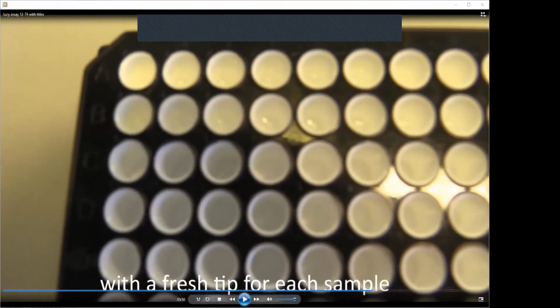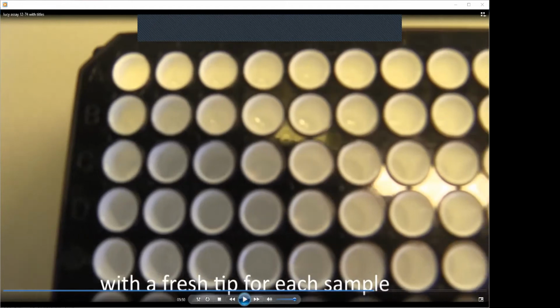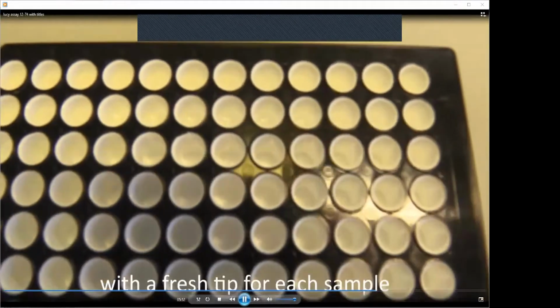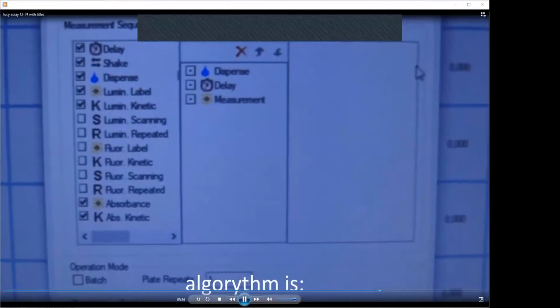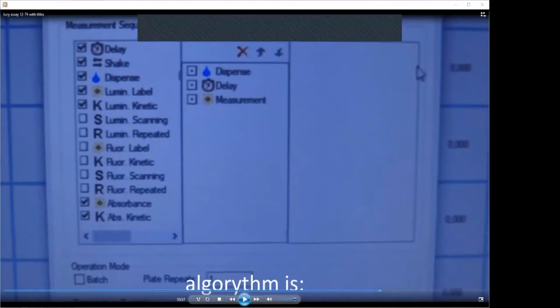Then don't forget that for each sample, a fresh tip has to be used in order to have really individual samples to calculate the mean value, and not to contaminate your new sample with the neighboring samples which will be measured. So the next step is the measurement itself, where you see the algorithm.